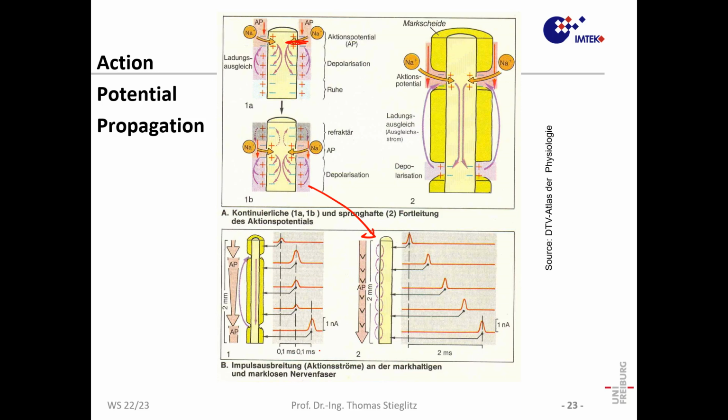with saltatoric excitation, where an action potential kind of jumps from one node of Ranvier to the other. In reality, it goes even over 2 orders of magnitude. So the fastest fibers we have in the body are up to 120 meters per second, instead of 1 meter per second in the non-myelinated fibers here.